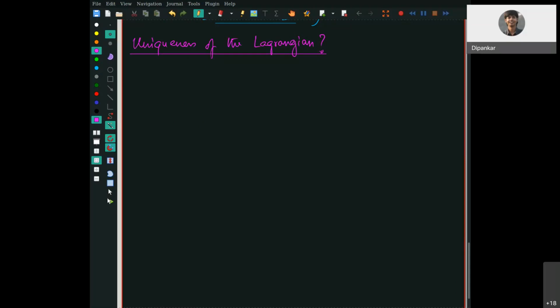Now remember that given a function L, there is a particular condition for which this S will be an extremum along a certain path, and the condition was, I am writing the equation in reverse, d dt of del L del Q dot minus del L del Q equals 0. All right.